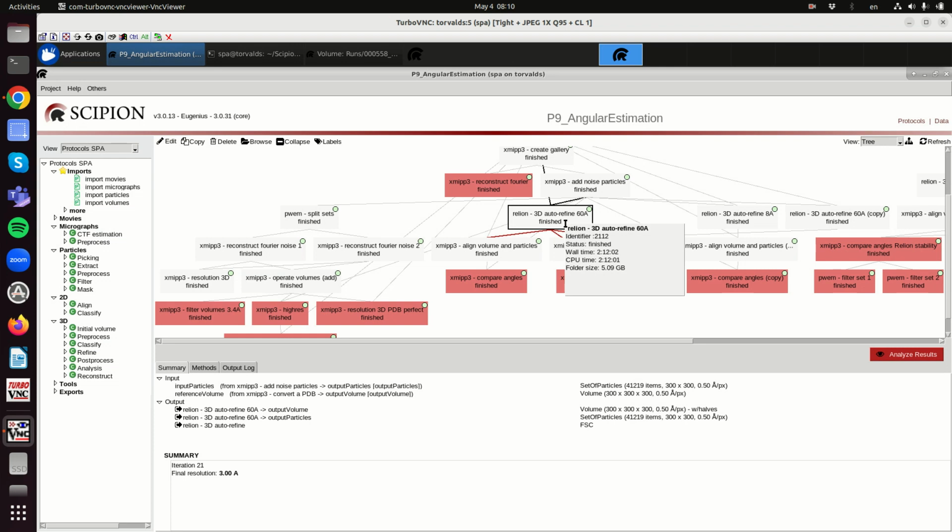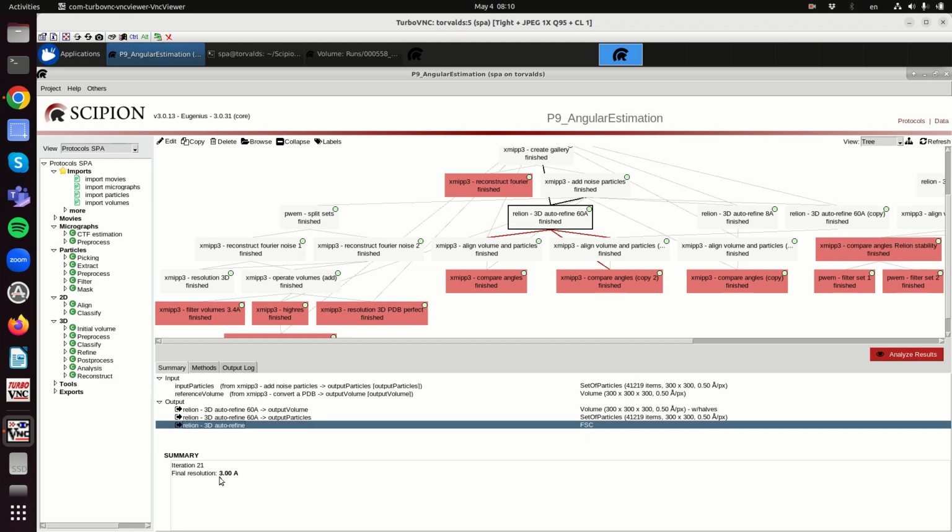That is the standard one, or one of the common actions we do, and then we get an FSC that is consistent up to 3 angstroms, and we can compare. So let's look at the structure.